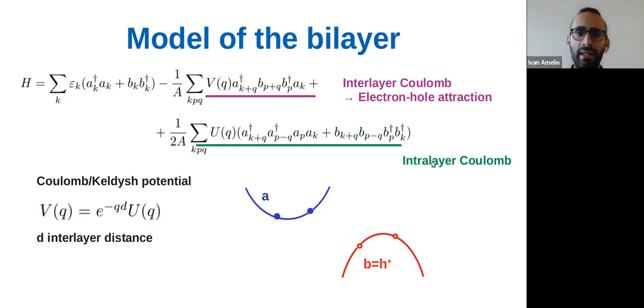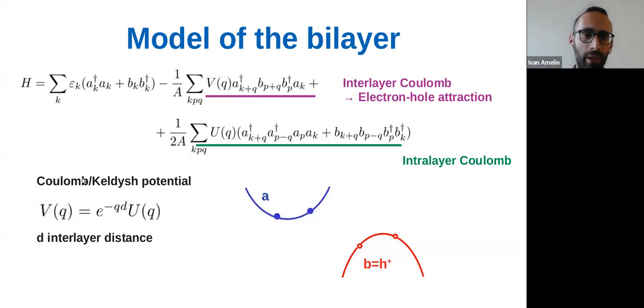So now the other ingredient is Coulomb interaction. We will have an intralayer component that is repulsive, and an interlayer component that for electron and hole will result in an attractive interaction.